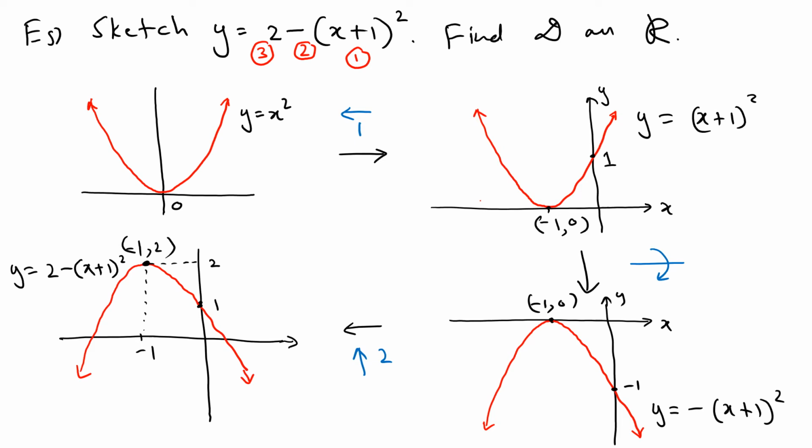So let's try the domain and range. So the domain is negative infinity to infinity. What's the range? You can see the range changes now because it's going to go all the way down. So it is from negative infinity all the way up to 2, including 2. Okay, so that's the new range.